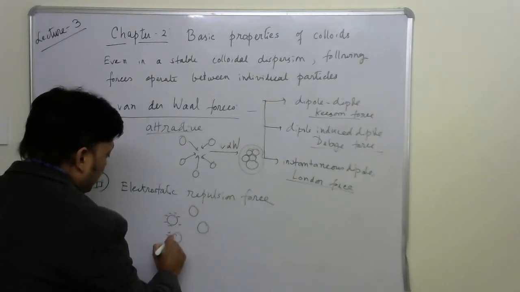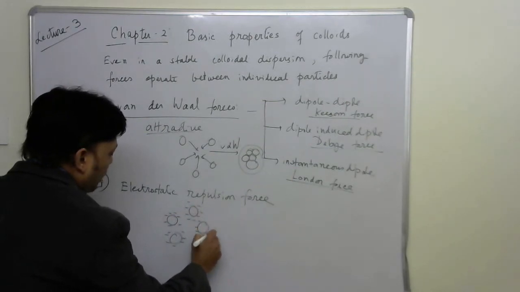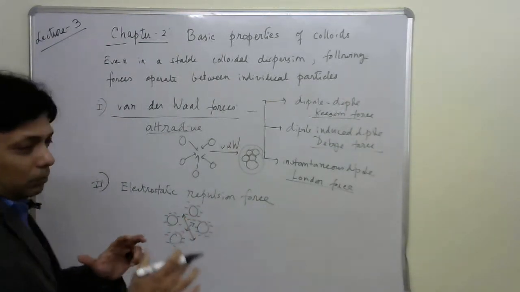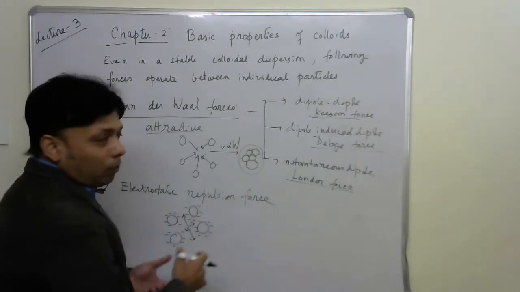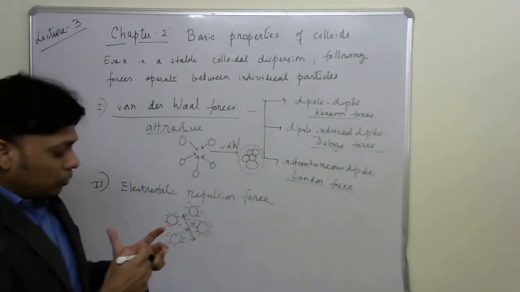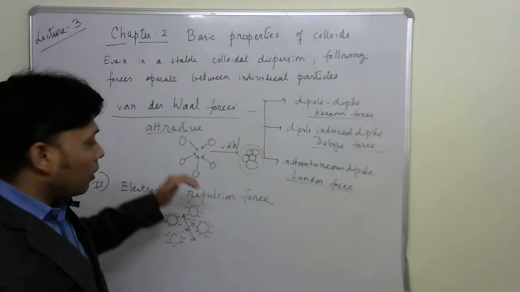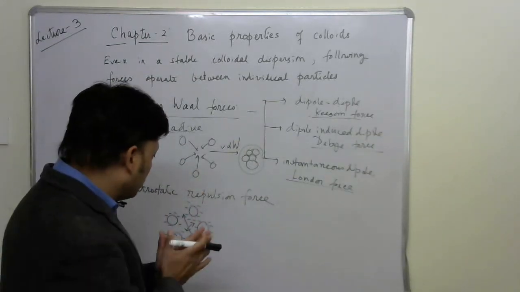So we can assume that maybe they have a negatively charged surface, and what would they do? They would definitely repel each other, because the same charges repel, so they would try to stay away. So therefore these two forces actually balance each other out. Van der Waals forces try to bring them closer, electrostatic forces try to separate them.